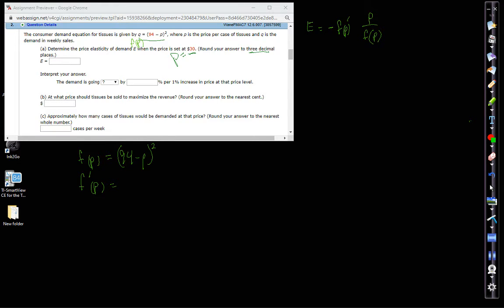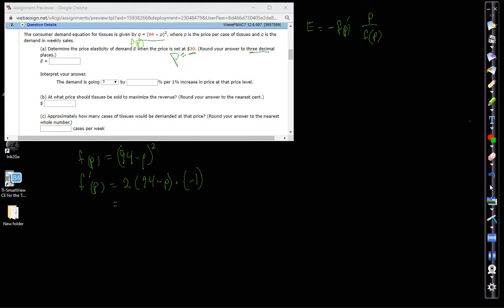The chain rule says take the outside function, which would be the 2 comes down in front. Nothing happens to the inside function, and now this is to the first power. Then we take the derivative of the inside function, which is just going to be minus 1, and we multiply by that. So this is our derivative.